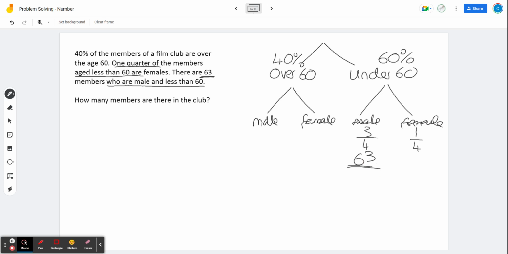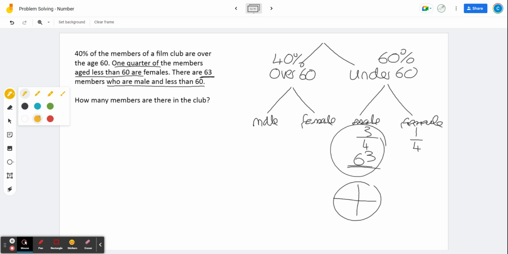Similar to the last question, if I know that these 3/4, let me colour it in yellow, make 63, then I'm going to divide that 63 by 3 to figure out 1/4. That tells me that there are 21 in each quarter.